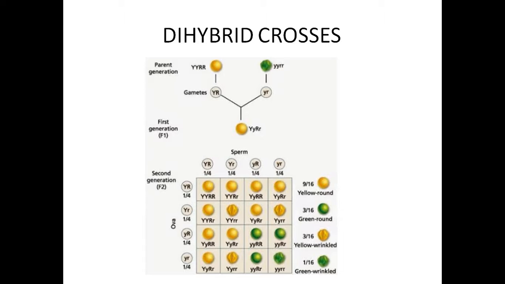Here, two characters are considered in a dihybrid cross. A cross between two parents differing in two pairs of characters is known as a dihybrid cross, and the offsprings we call dihybrids.